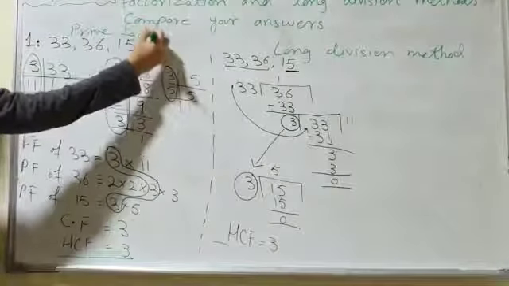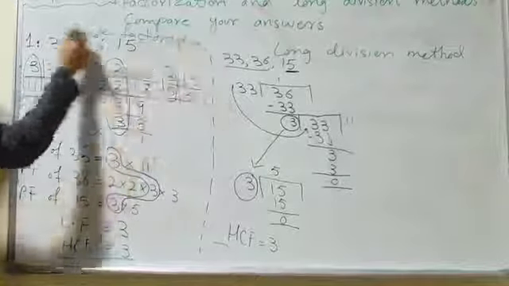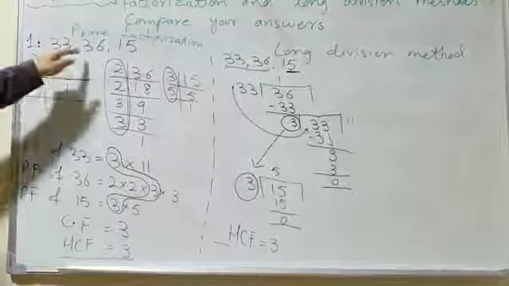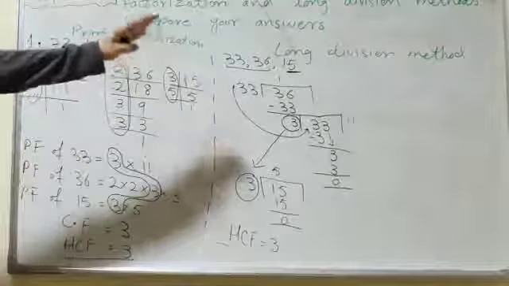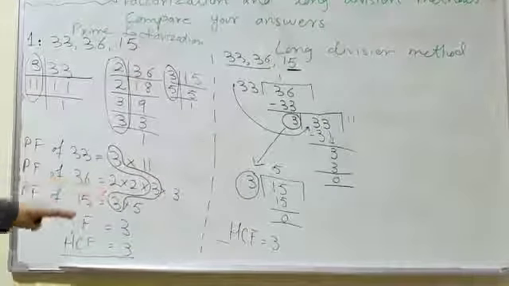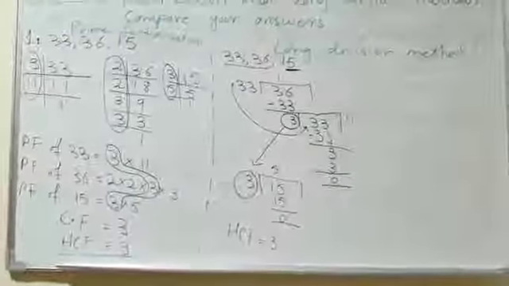This was the prime factorization method. You will give the heading above those when you start to solve, first with prime factorization and then with the long division method, and you should compare your answers. These HCFs should be the same with both methods.